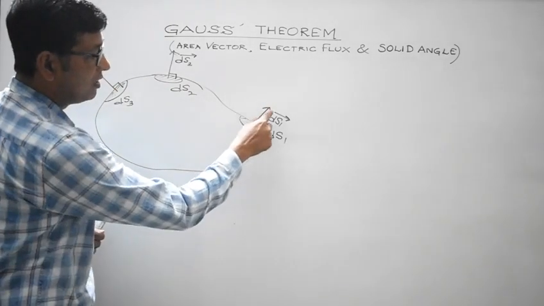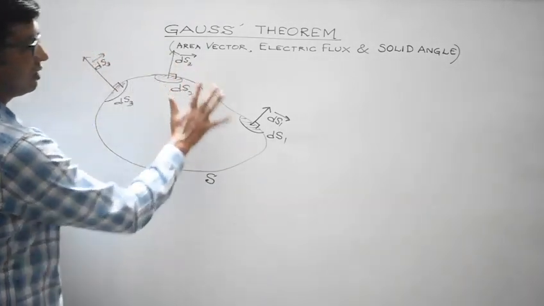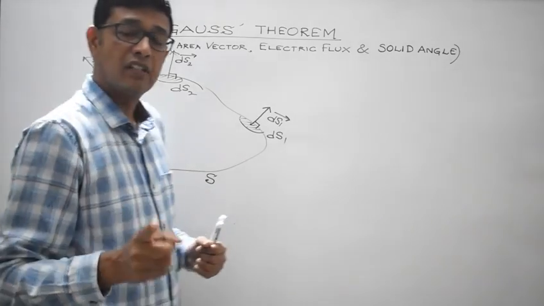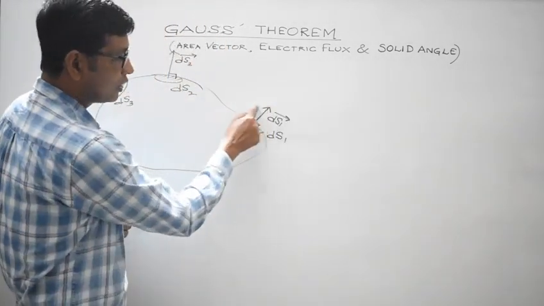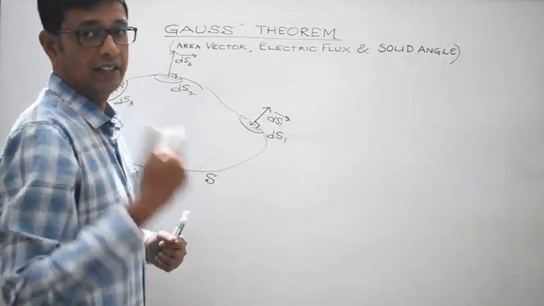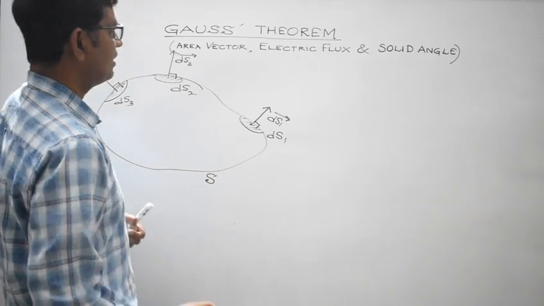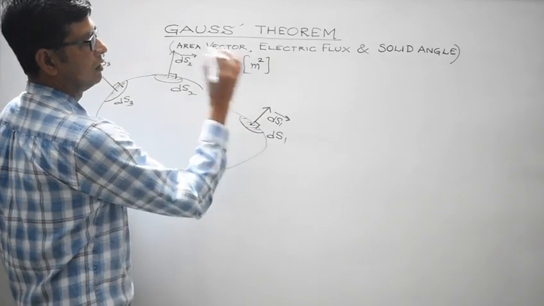And the arrowhead represents the orientation of the surface. So this is area vector. So area vector is a vector quantity. It has both magnitude as well as direction, as it represents the orientation of the surface. Regarding its SI unit, obviously area, its SI unit would be meter square.